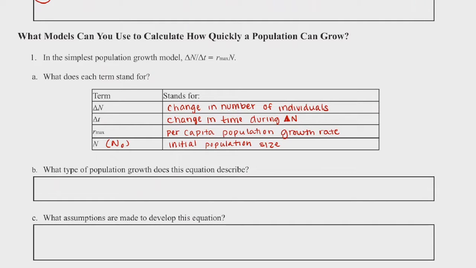So we're not seeing any factors that might limit growth rate. And so what we're seeing here is exponential. This is under the assumption that there are no limiting resources. We have an unlimited supply of food, that sort of thing. So that's what exponential means.